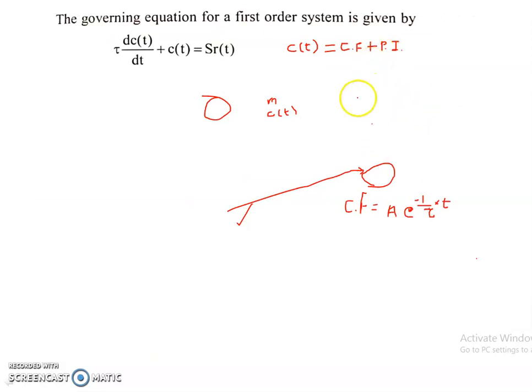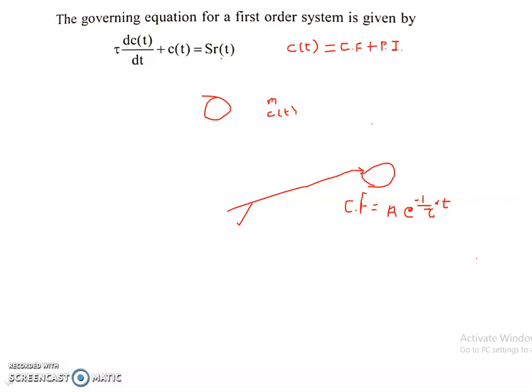The governing equation of a first order system is given by tau d by dt of C(t) plus C(t) is equal to S R(t), where tau is the time constant of the instrument, C(t) is the output of the instrument, R(t) is the input supplied to the instrument, and S is the sensitivity of the instrument, which we have already discussed in our previous lectures.